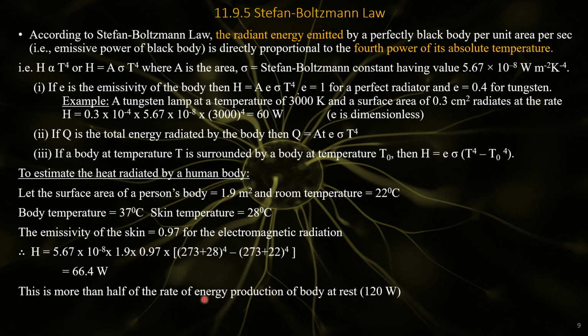This is more than half of the energy production of the body at rest. To prevent this heat loss effectively, that is better than ordinary clothing, modern Arctic clothing has an additional thin, shiny metallic layer next to the skin which reflects the body radiation.